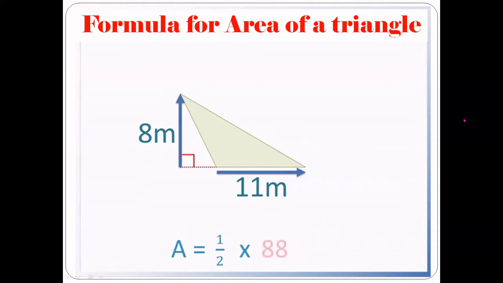When you simplify that, half into 88. 88 divided by 2. That is 44 square meters. This is the area of the given triangle. So A equals half into B into H is also a formula. The variables here are A, B and H.